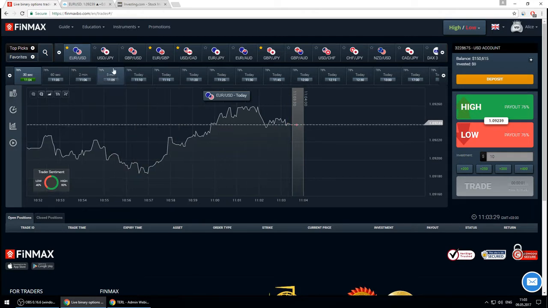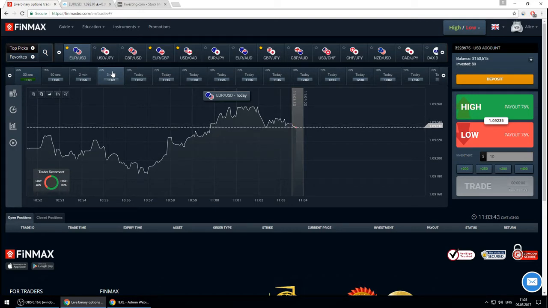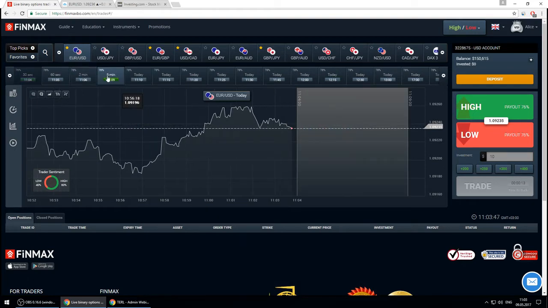Time frames up to 5 minutes are considered to be short-term, and trades opened using these time frames are considered to be turbo trading, because this period of time allows you to open a lot of trades within short periods of time.